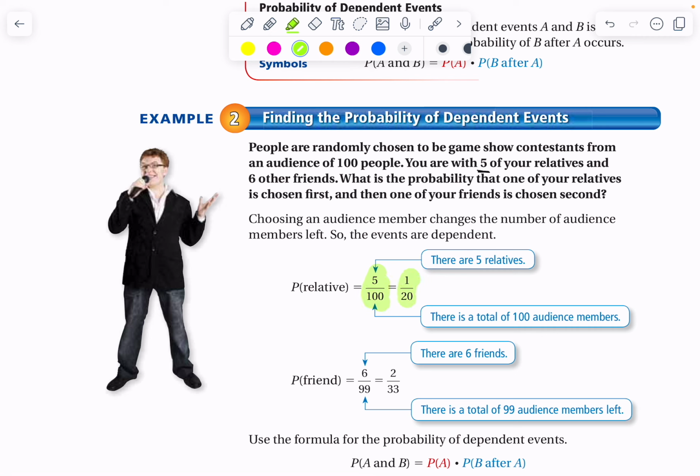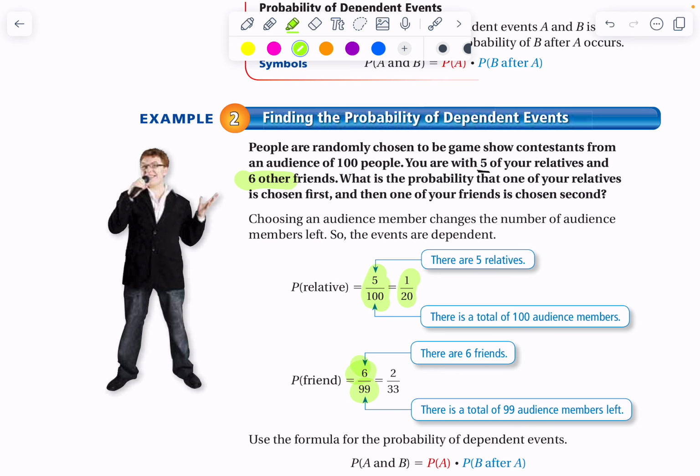But now here's the catch. One of those 100 people has now been chosen. So now if we want to think of the probability that your friend is going to be chosen, there's 6 friends, but now we only have 99 people, because that second event depends on what happened first. The probability of the second event happening is affected by whatever the outcome of the first one was.